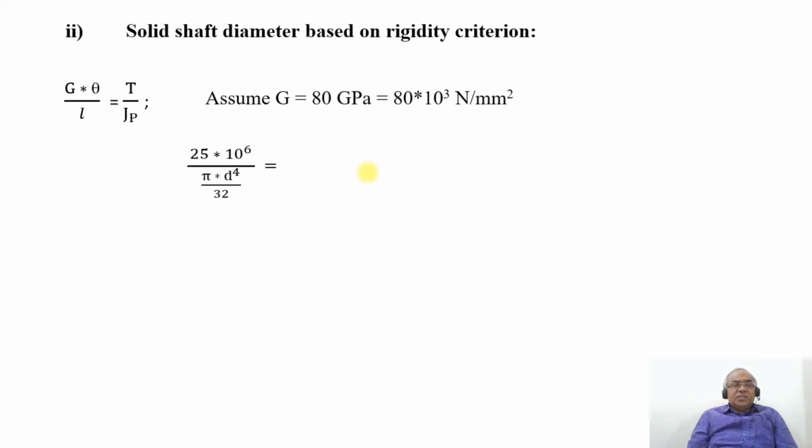T is 25 into 10 to the power of 6 Newton mm, divided by Jp, which is pi d to the power of 4 by 32, will be equal to G, 80 into 10 to the power of 3, into theta, 1 degree converted into pi by 180, divided by the length of the shaft, which is given as 20 into d.